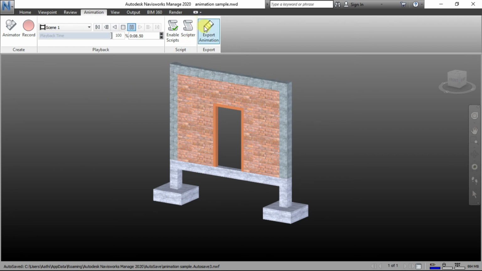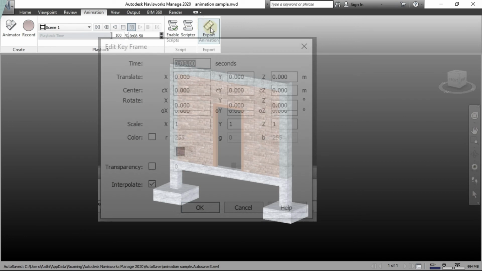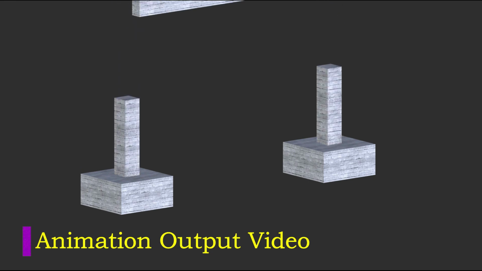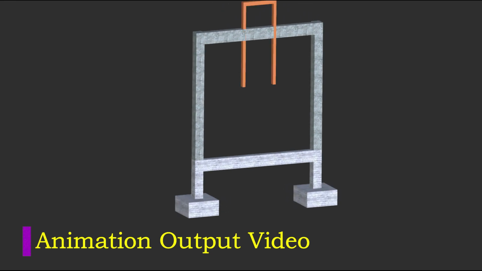So this is how we can create a simple animation and we can export it to a video file. So try it out. There are a lot of options in our animation like rotation, transparency and scale. Just try it out. If you have any doubt, just leave me a comment and stay connected for more stuff. And thank you guys.